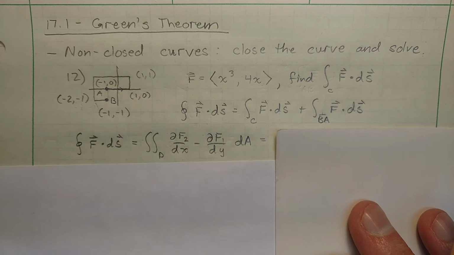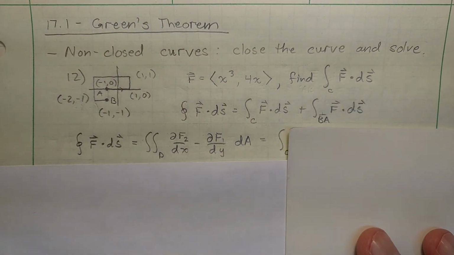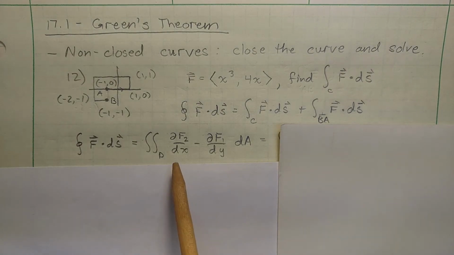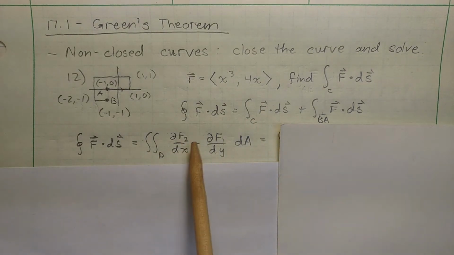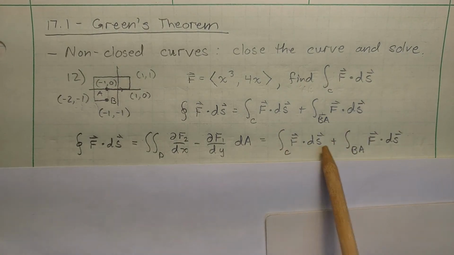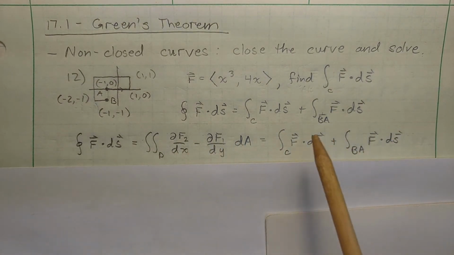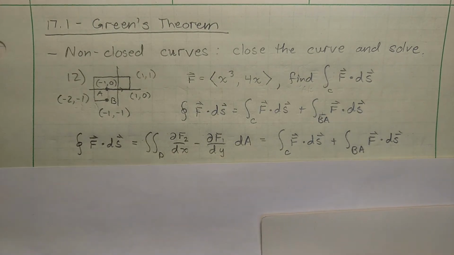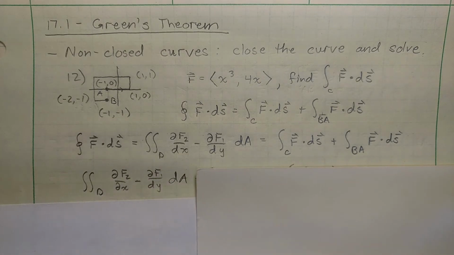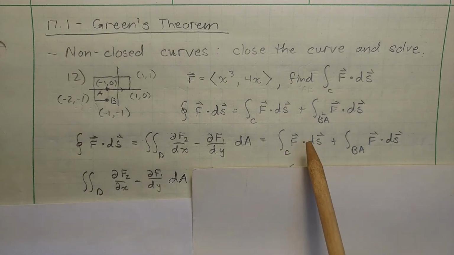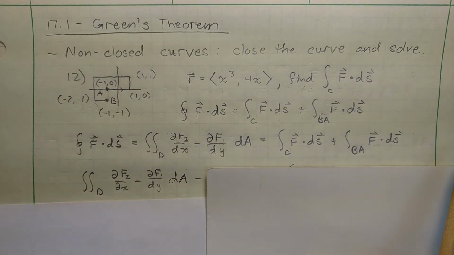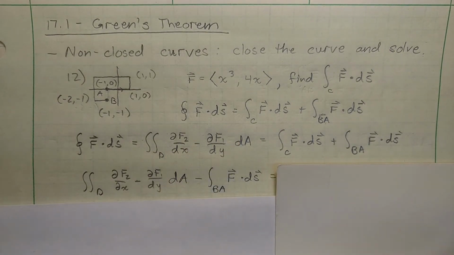And so if it's equal to that by Green's theorem, I can solve and say that this here would be equal to these two expressions here. Given this situation, I can solve for this and say that this would be equal to this expression in Green's theorem minus this section here.